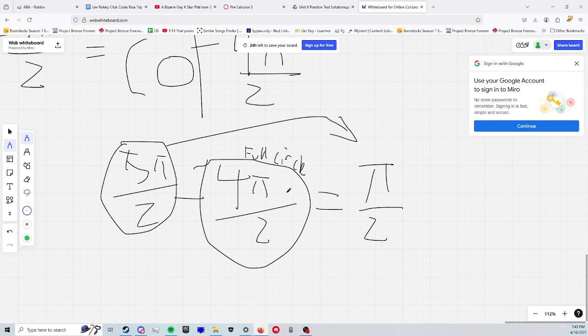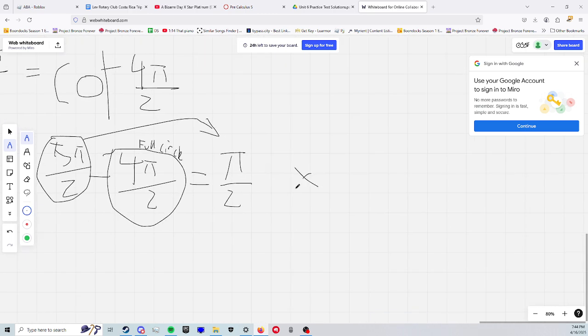So now we're looking for the x over y of pi over 2. We'll take a look at our unit circle. We know that pi over 2 is (0, 1).